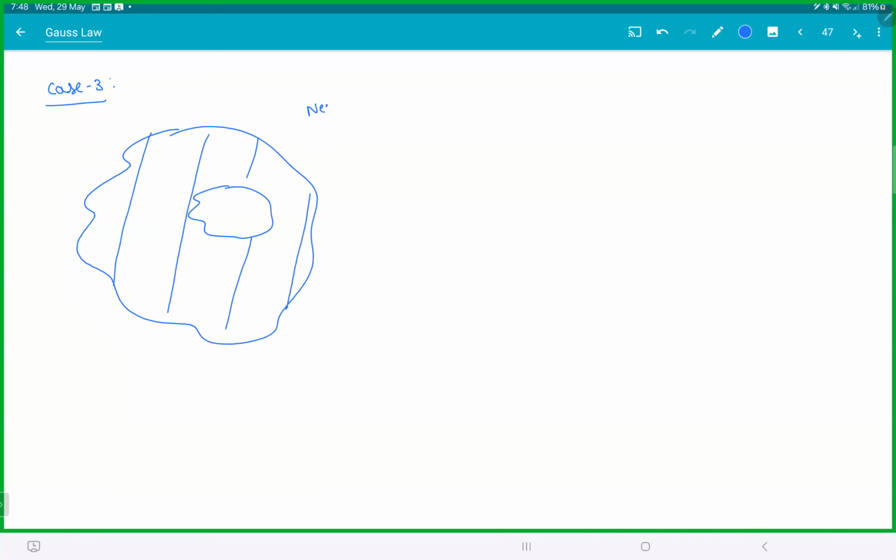So we have a neutral conductor, and let's say a charge Q is placed inside the cavity. You kept it inside, so there is no gravity, nothing. It is floating. It is not touching the walls. If you touch the walls, you'll go away to the surface.